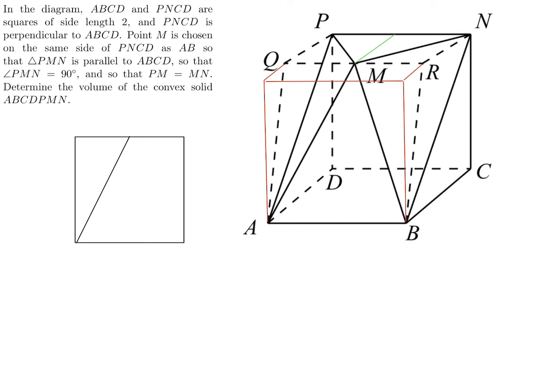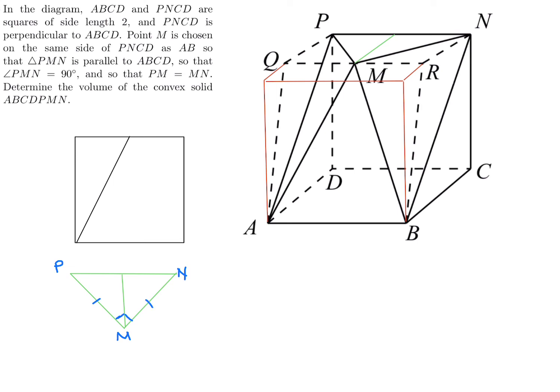So I'm going to draw that PMN triangle down here. And that PMN triangle is basically like this. This is PMN, it's a right angle, so like this. And what I need to do is figure out the distance from there to there. That shouldn't be too much of a problem. This is P, this is N, this is M. We are told this is a right angle, and we are also told that this equals that.